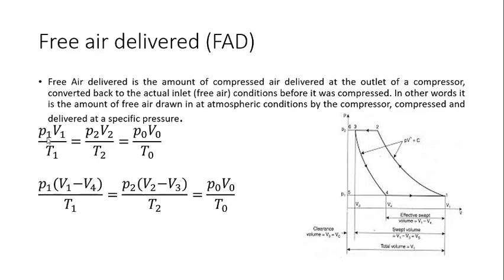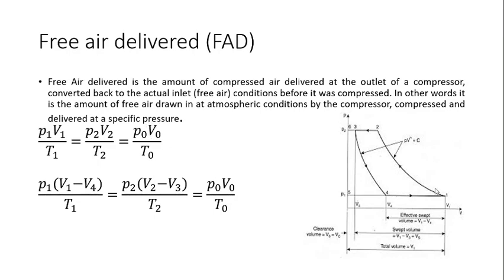See, according to the ideal gas law equation, P1 V1 by T1 is equal to P2 V2 by T2, and this P0 V0 by T0 is the ambient condition of that particular reciprocating compressor, and this V0 is called free air delivered.